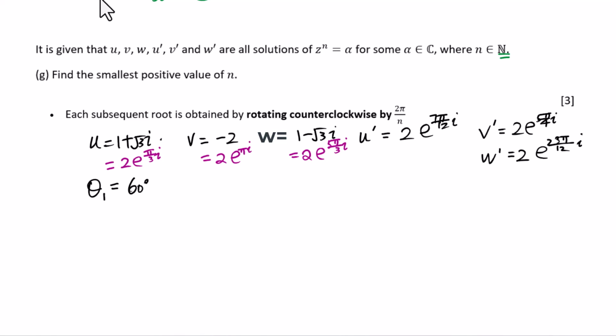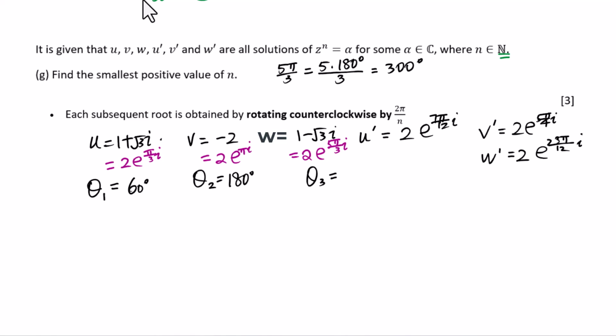60 degrees. Argument of v is 180 degrees. Argument of w is 5 pi over 3 equals 5 times 180. We will change pi into 180 degrees. 5 times 180 degrees over 3 equals 300 degrees.